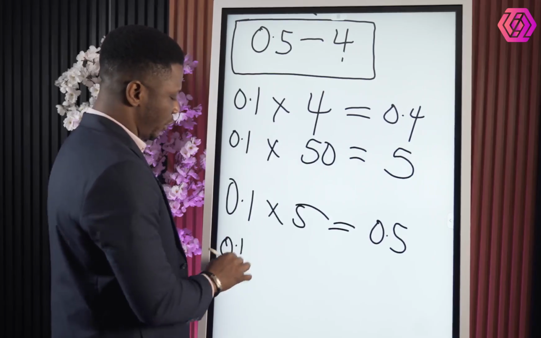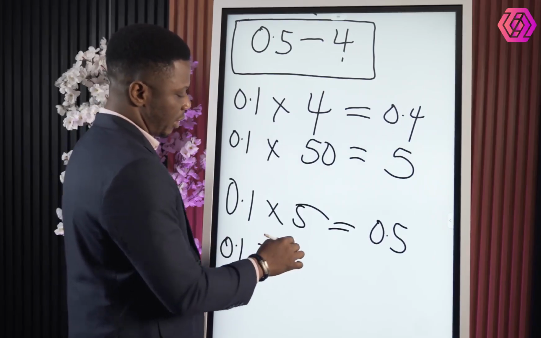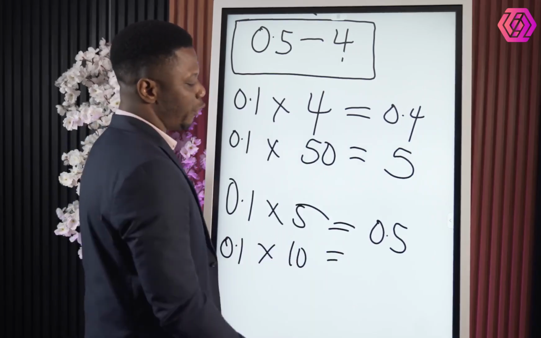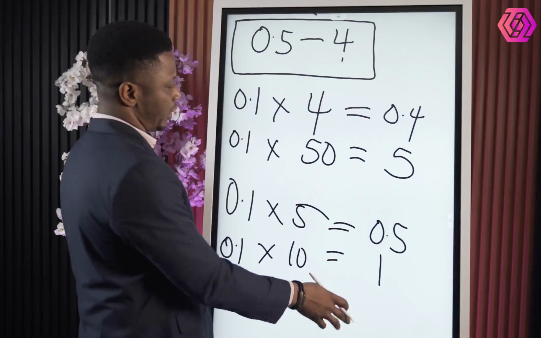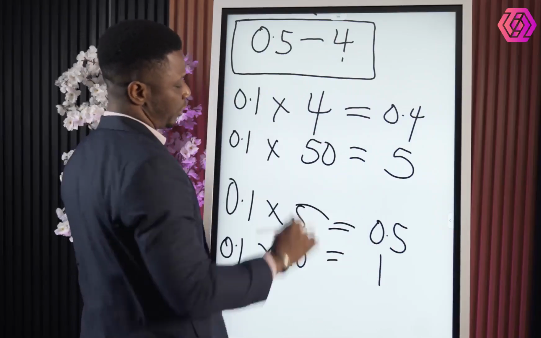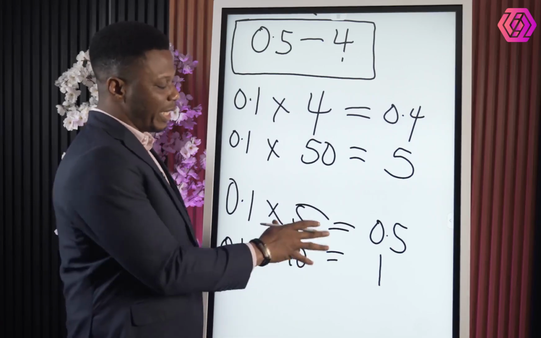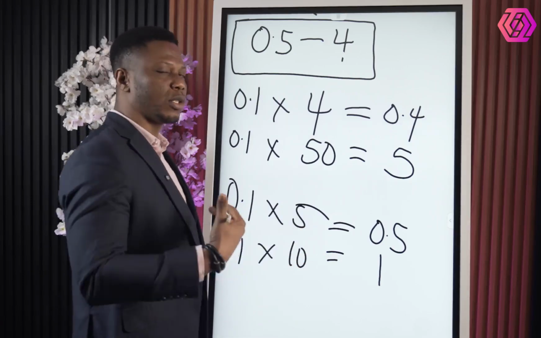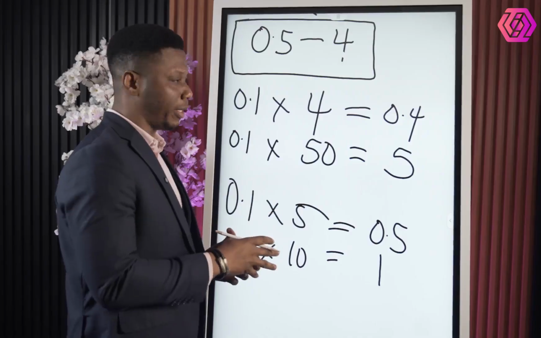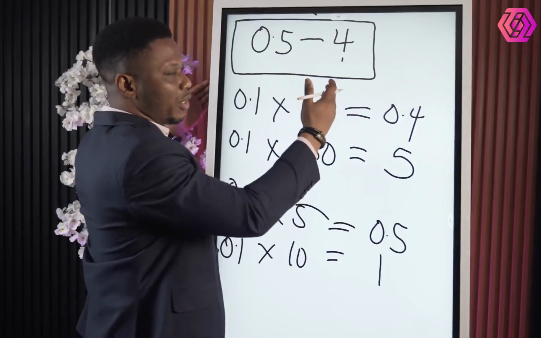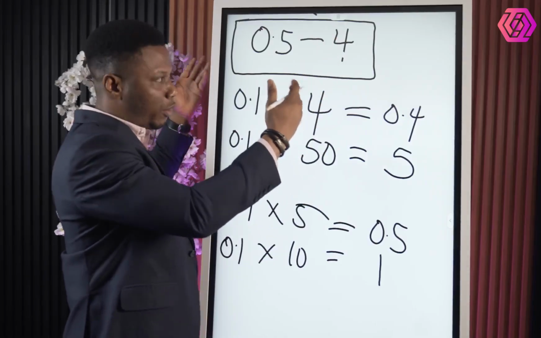If you take 0.1 times 10, this will give you a total of 1 standard lot size, which is within this range. So at every point in time, you ensure that the total number of positions you're stacking should be within the consistency rule, the range bound of the consistency rule.